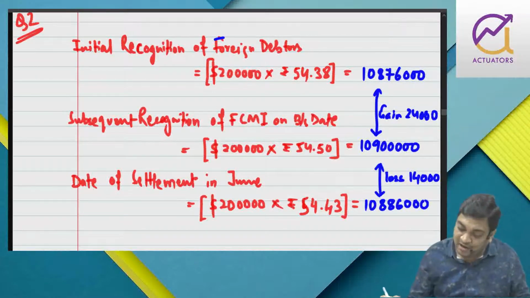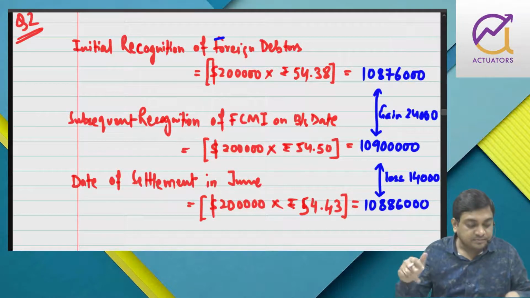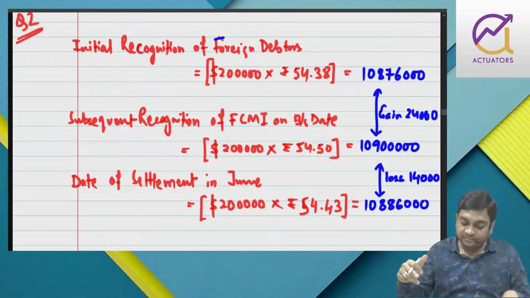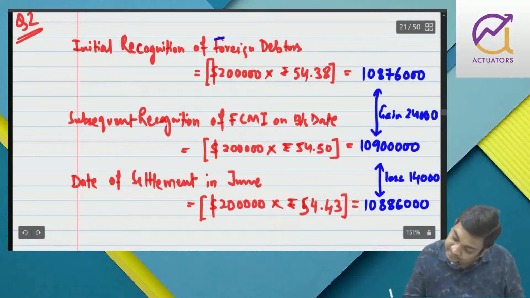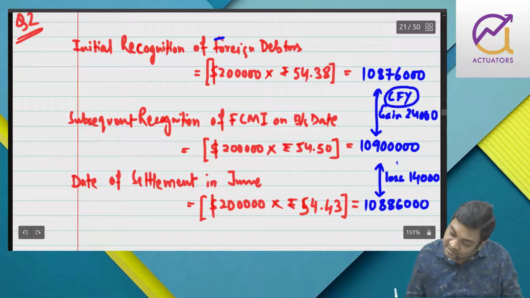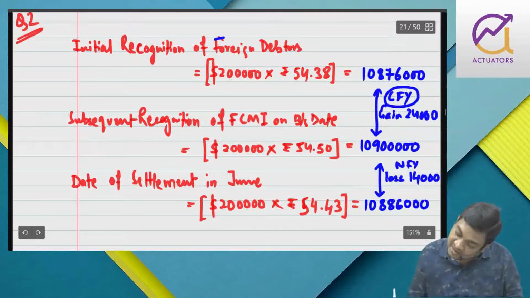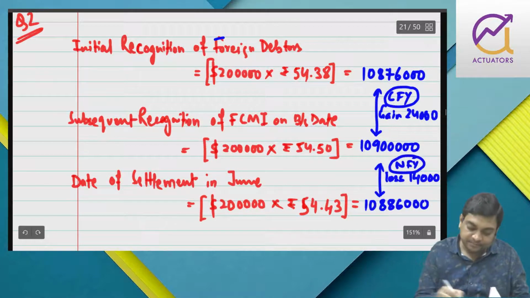So this particular gain will be recorded in last financial year, this is current financial year, and this is next financial year.